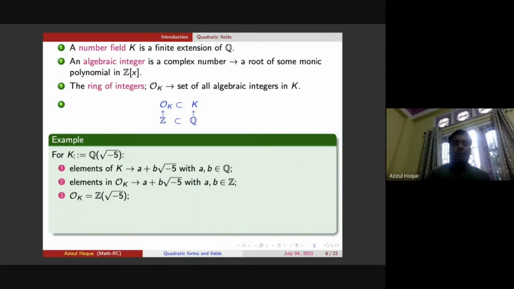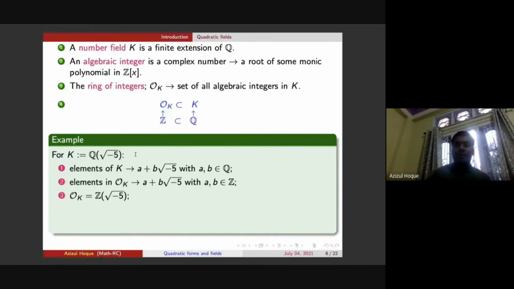So the general form of this quadratic field is Q root over say D. If D is positive, then we say that it is a real quadratic field, and if D is negative, then we say that it is an imaginary quadratic field.